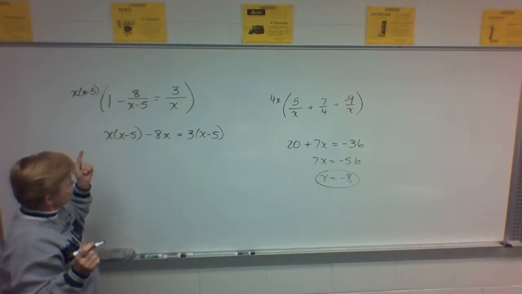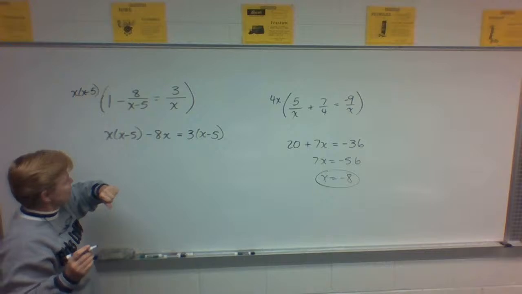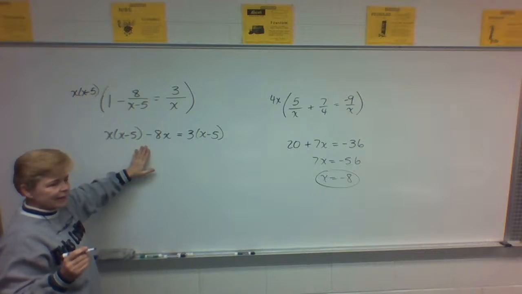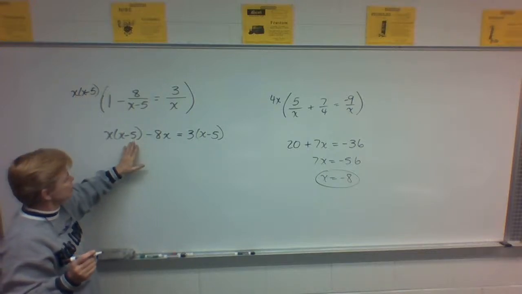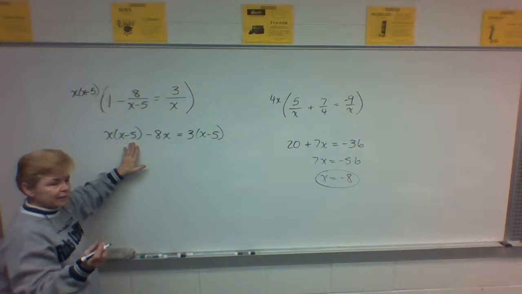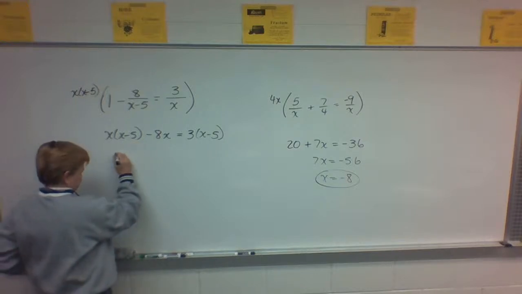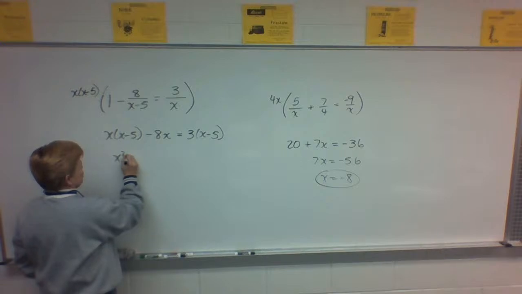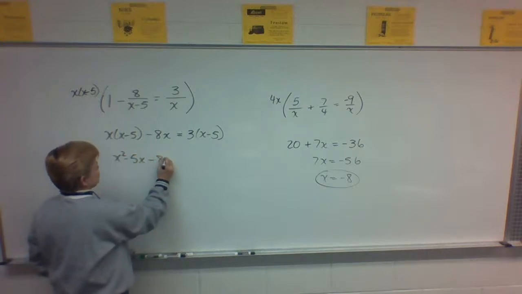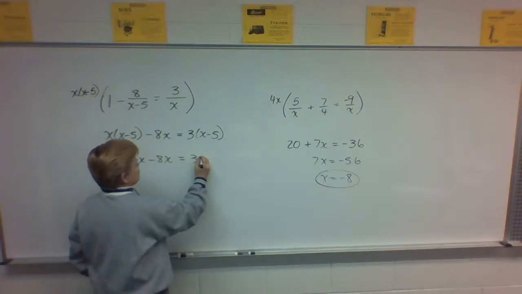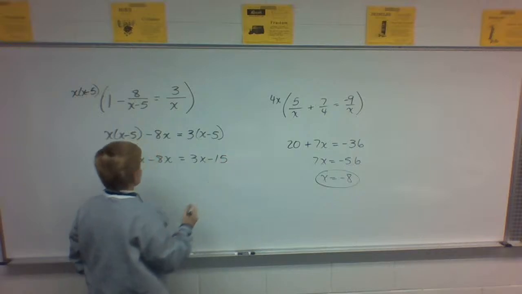But then, when you see what you've got after canceling what you can, again, Algebra 1, Chapter 3 problem. It's just a little more involved because we've got to do some distributing and combining like terms first. But none of that's hard. So on this one, I have x squared minus 5x minus 8x equals 3x minus 15.